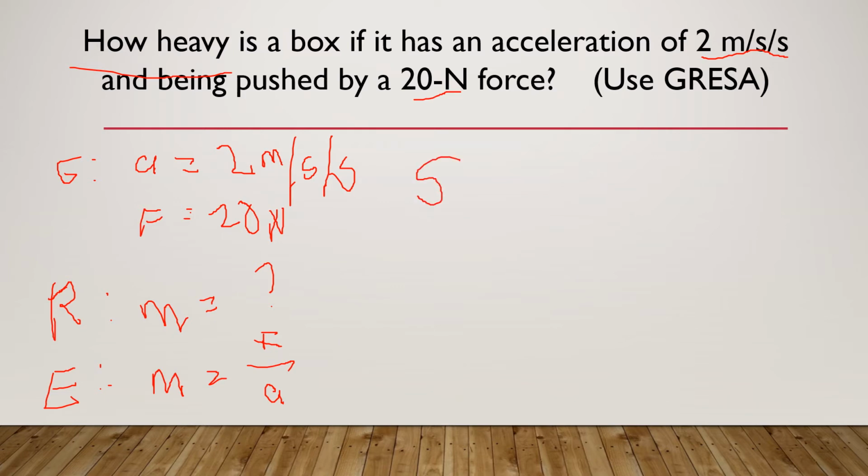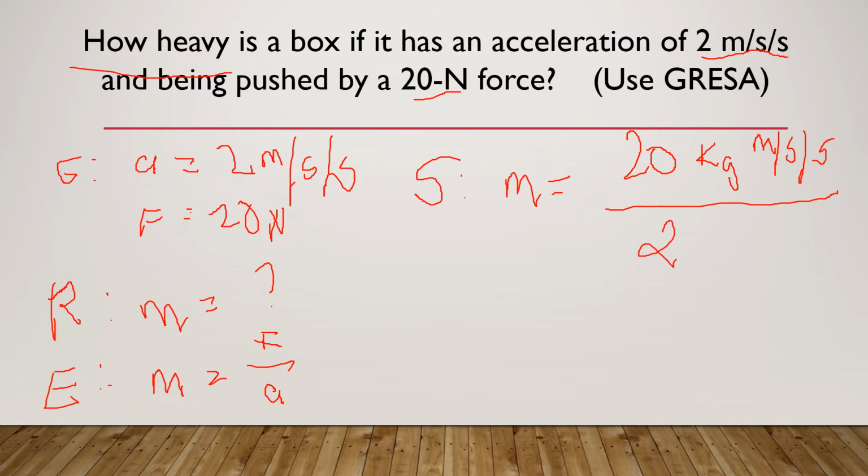And then after that, you need to solve for the value of mass. So mass is F divided by A, or acceleration. You just need to substitute the value of force, which is 20. In solving, you need to expand the unit of Newton, and expanded unit of Newton again is kilogram meter per second squared, divided by the value of acceleration, which is 2 meter per second squared.